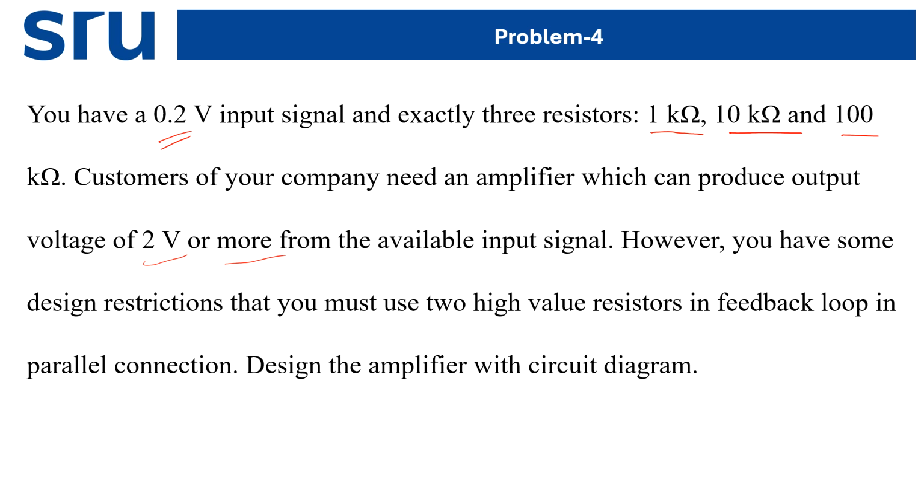For this amplifier we can have two approaches, either an inverting amplifier or a non-inverting amplifier. Why can we go for two? Because whether a phase change is possible or not possible is not clearly mentioned. So we will see which one is better suited and which one is not suitable at all.